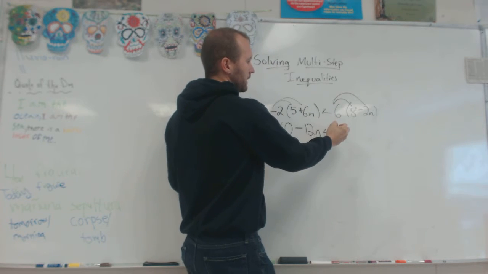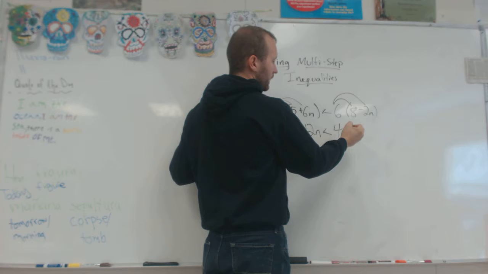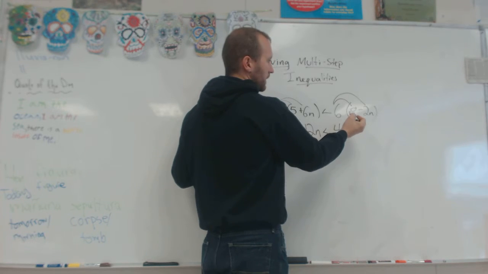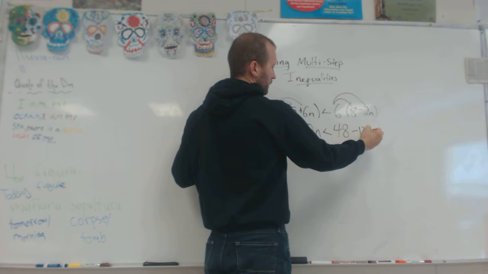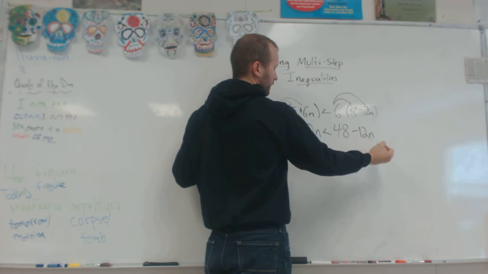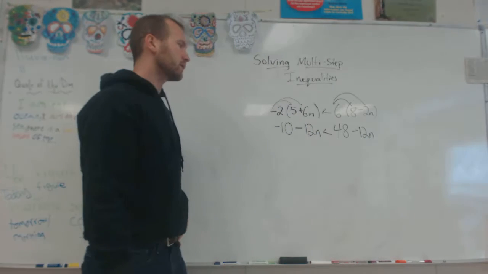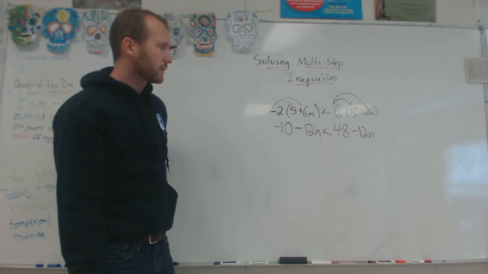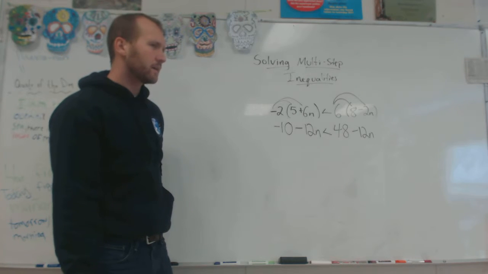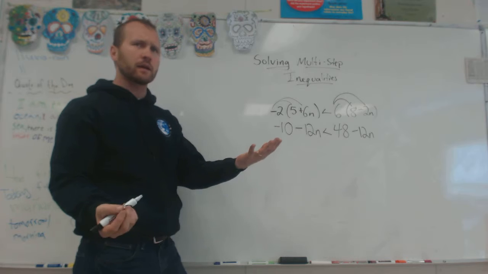So 6 times 8 is 48. And then 6 times negative 2n, so that's going to be negative 12n. This is kind of interesting. So think of our balance scale.